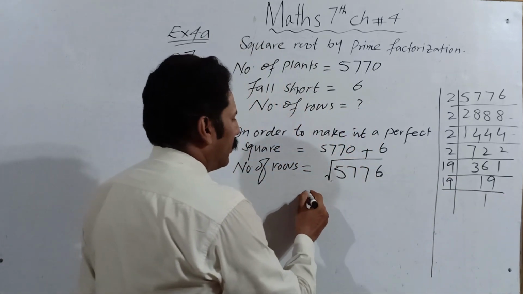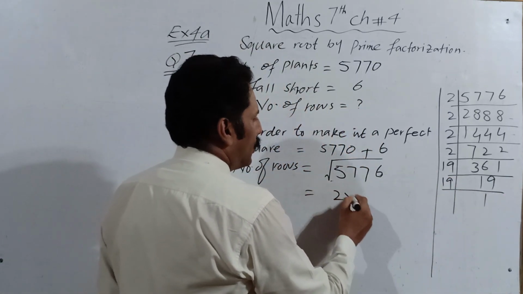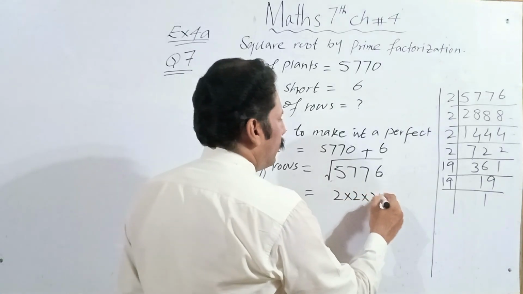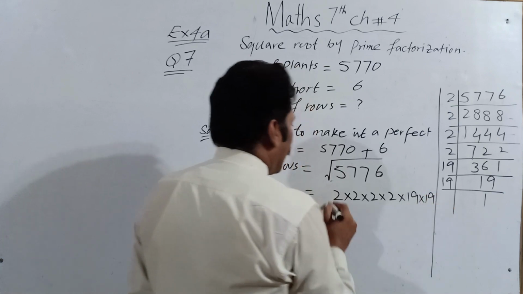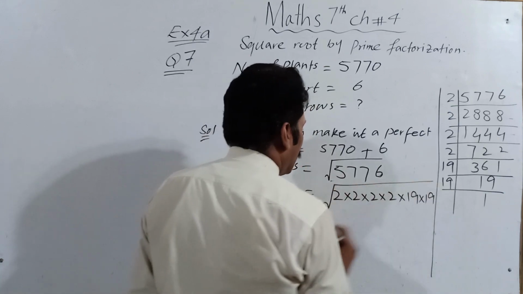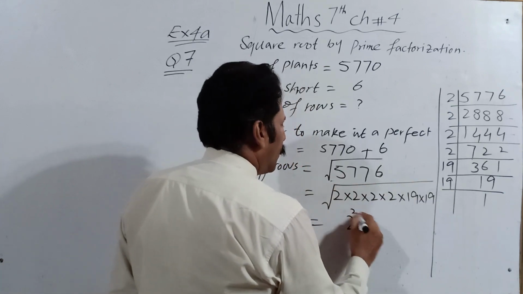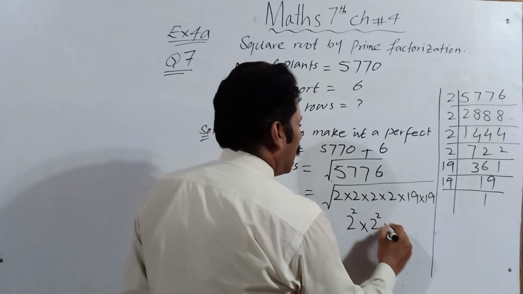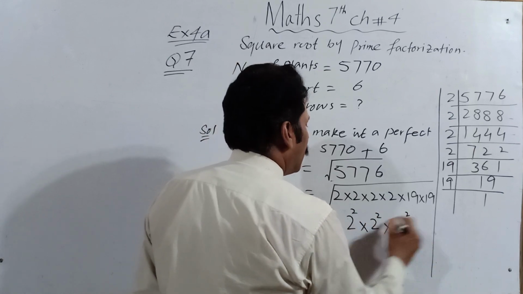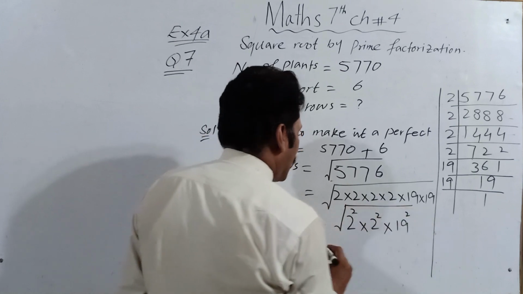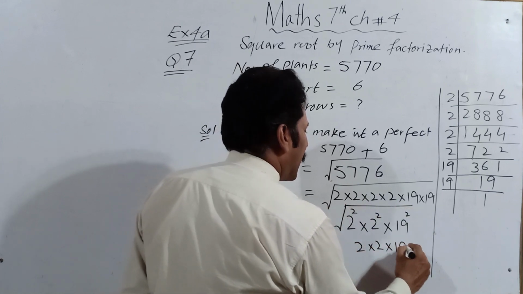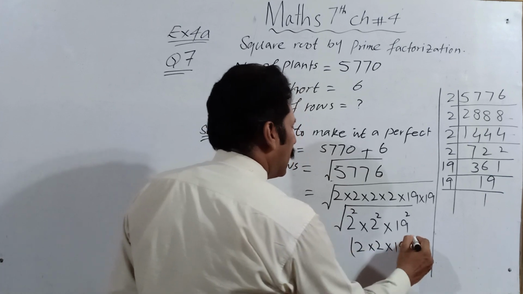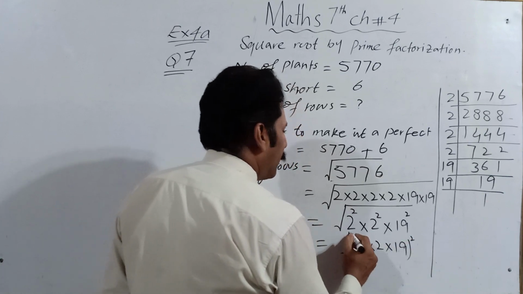What will we do? We will write here 2 multiplied by 2 multiplied by 2 multiplied by 2 multiplied by 19 multiplied by 19 and its square root. So 2 square, again 2 square, and then 19 square, and then we can write it 2 multiplied by 2 multiplied by 19 and its whole square, and its whole square root.